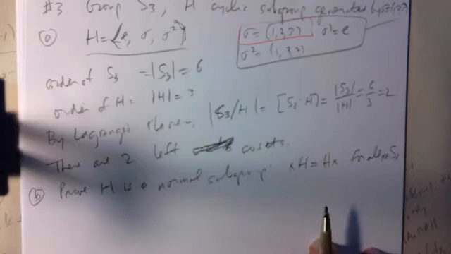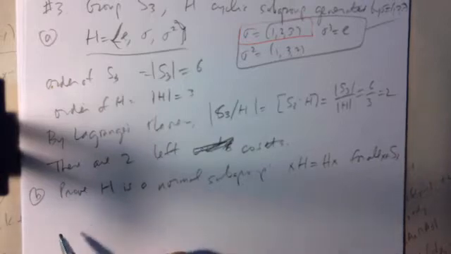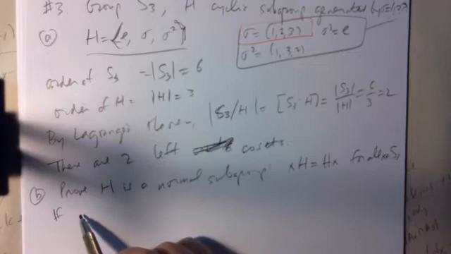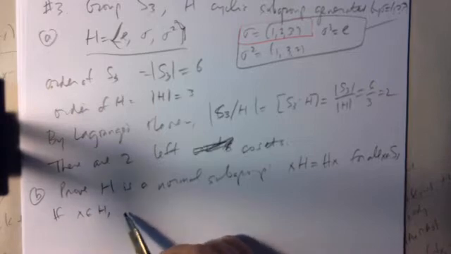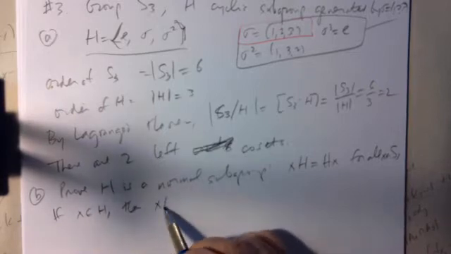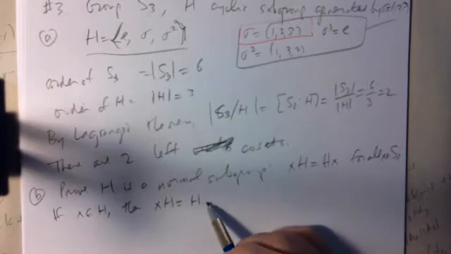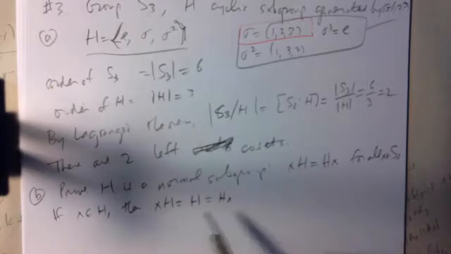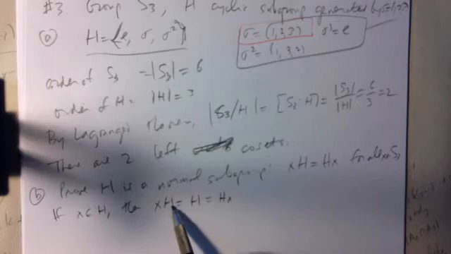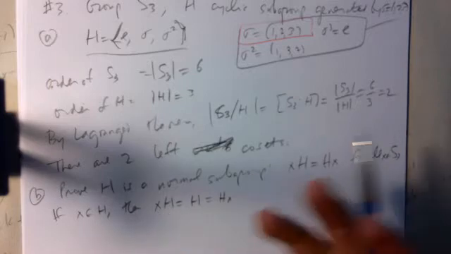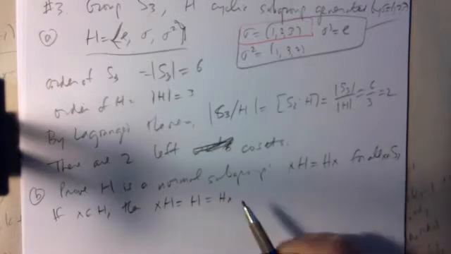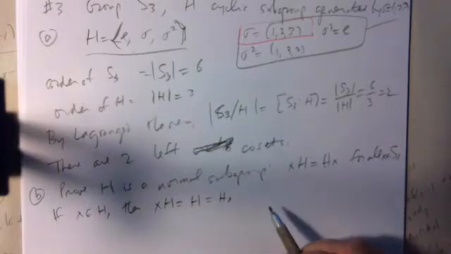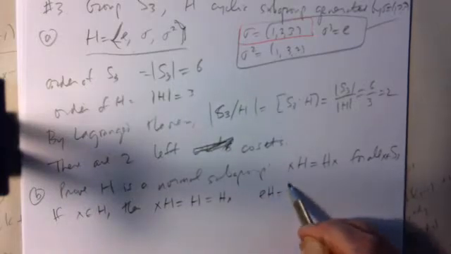Now, if X is in H to begin with, then XH is equal to H is equal to HX, because if you multiply a subgroup by an element in the subgroup, you stay inside the subgroup. So that tells us right away that EH equals HE.